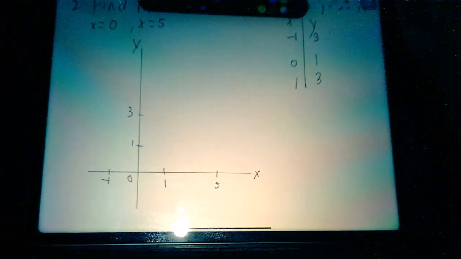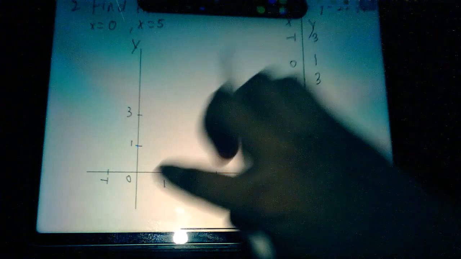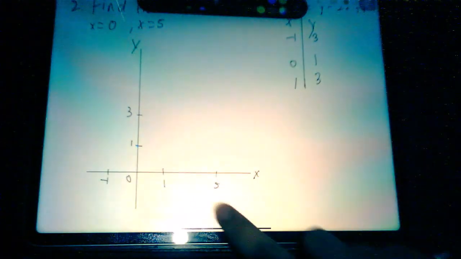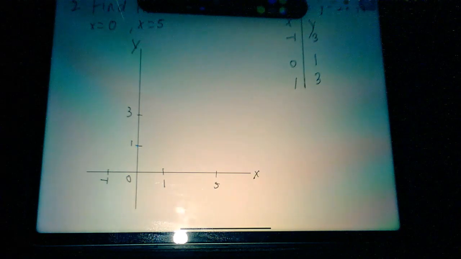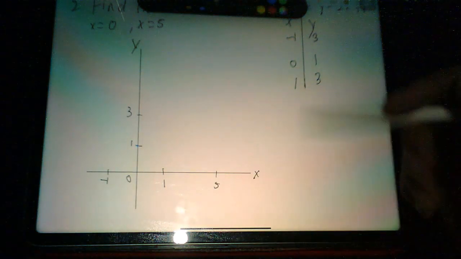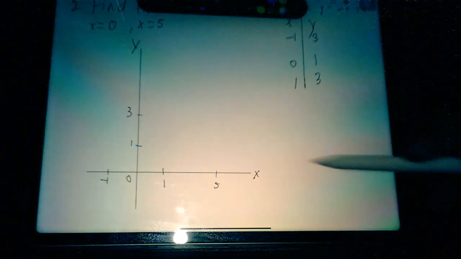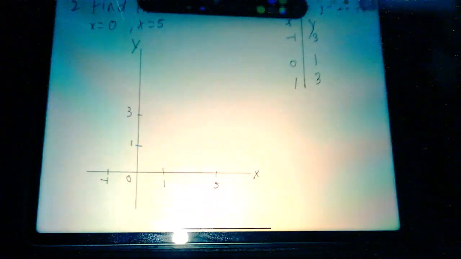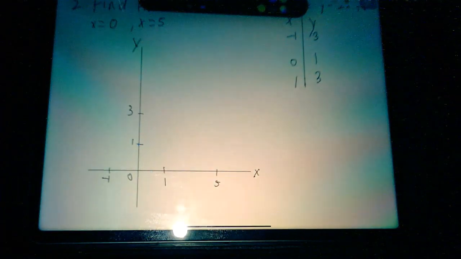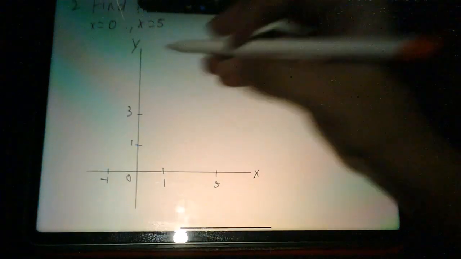So we are only concerned about this area, from the origin, from x equals 0 to x equals 5. So never mind this part. So from 0, 1 to 3.